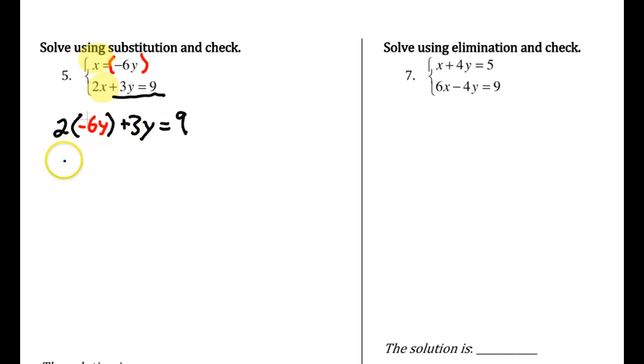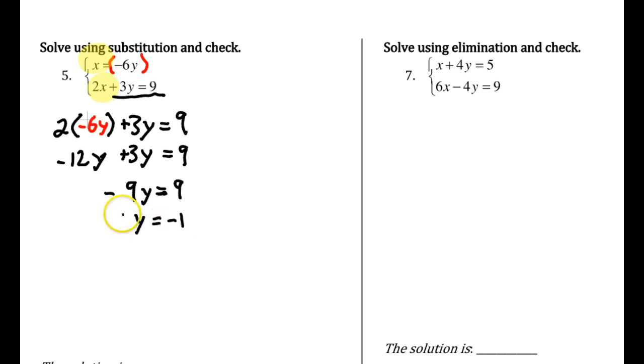Let's go ahead and solve this. We got -12y plus 3y equals 9. And then -12 plus 3 is -9. And divide both sides by -9, and we'll get y equals -1.